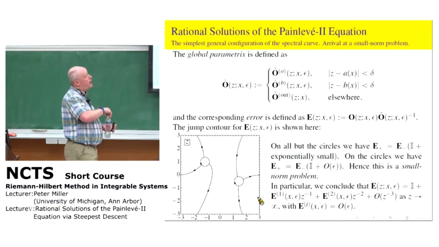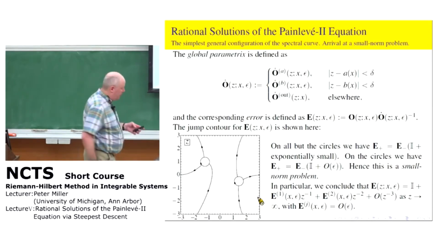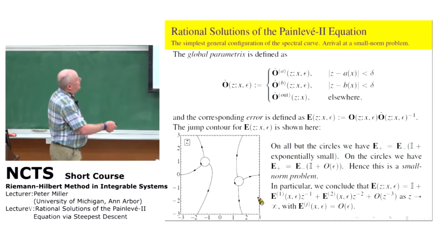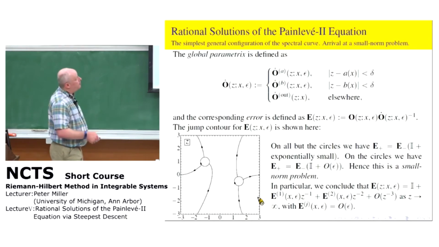We just compare the matrix O, which we don't know, but which solves a Riemann-Hilbert problem whose properties we know, with this parametrix O dot inverse. O dot is this matrix, written on the last slide, and these we can write explicit formulas for.